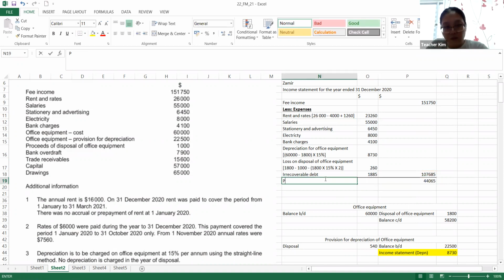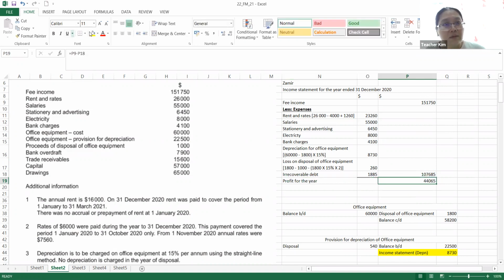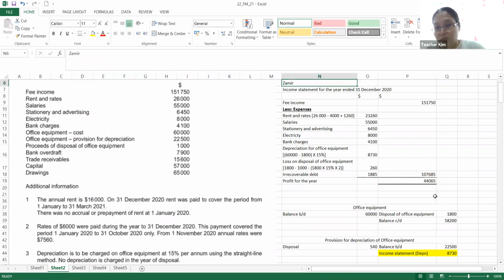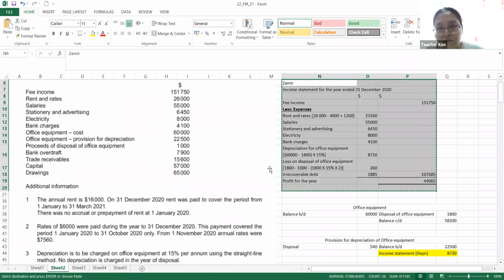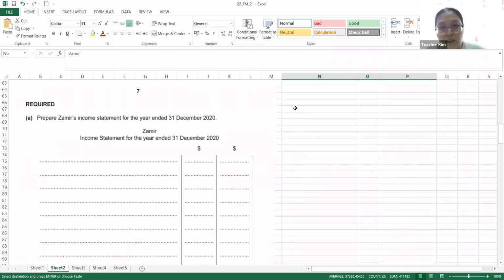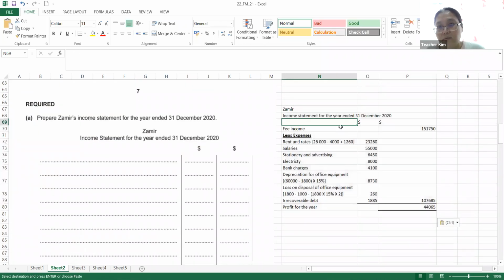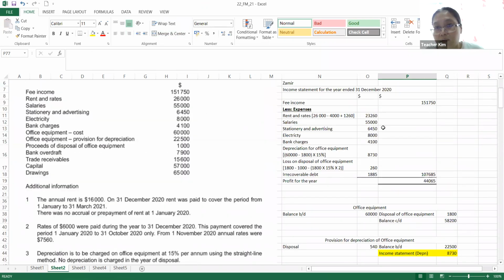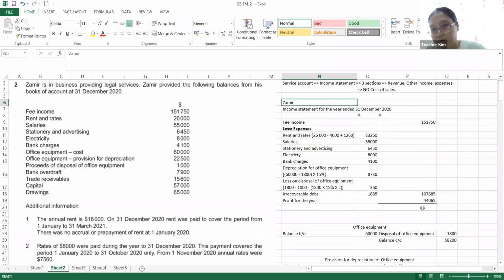So profit for the year. Okay, so done for income statement.